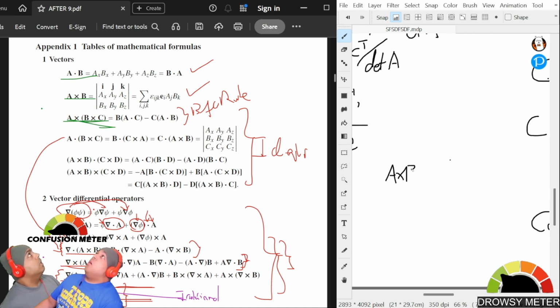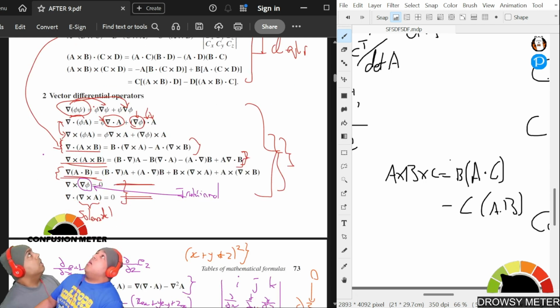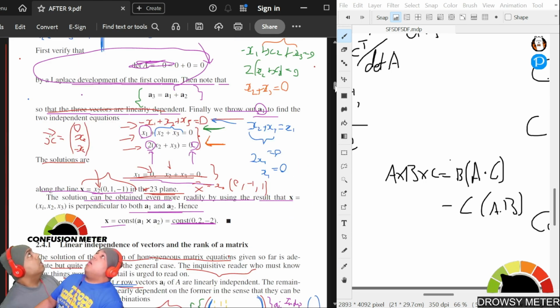A cross B cross C equals B A dot C minus C A dot B. Yeah, okay.